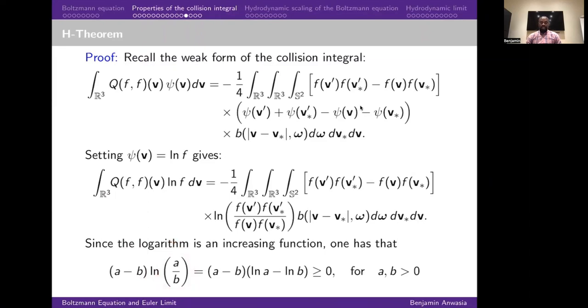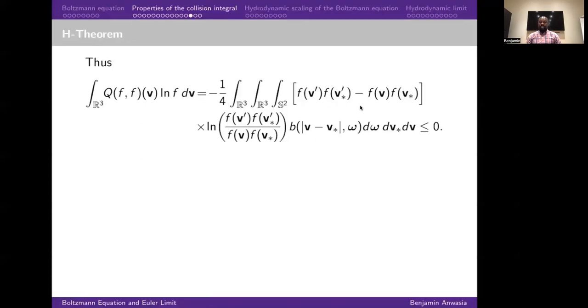When a is less than b, this term is negative, and this term is also negative. So the product is positive. While if a is equal to b, this term is equal to 0, and this term is also equal to 0. So the product is equal to 0. Therefore, we obtain the following integral.